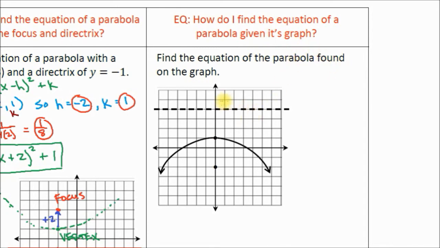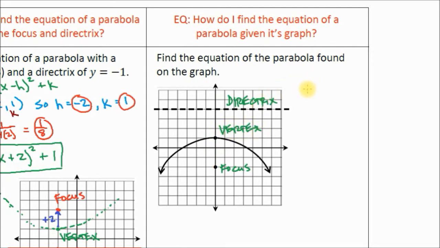All right, well, I can see from this graph right now, I can probably label a few things. This must be the directrix. This must be our focus. And this point right here, which is exactly between the directrix and the focus, that must be our vertex.